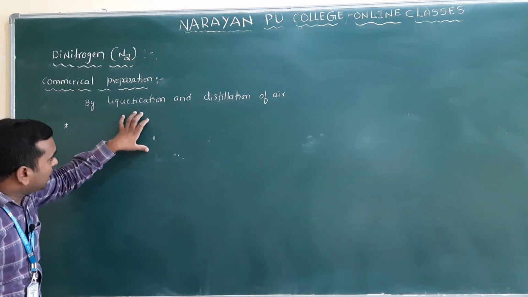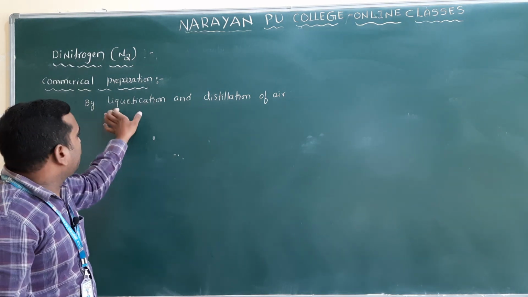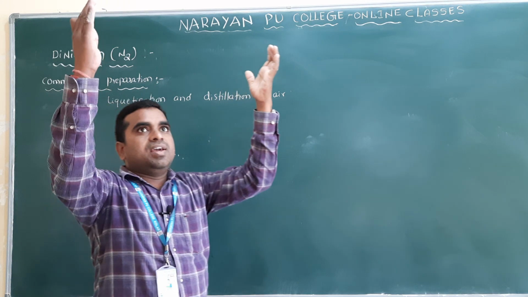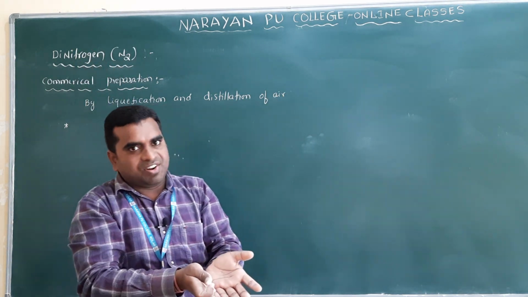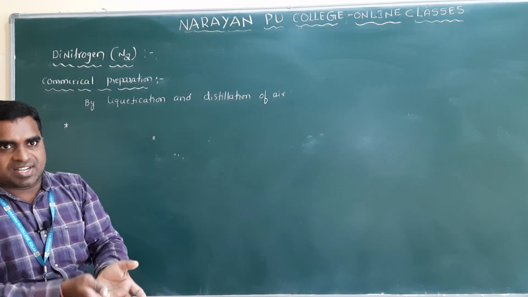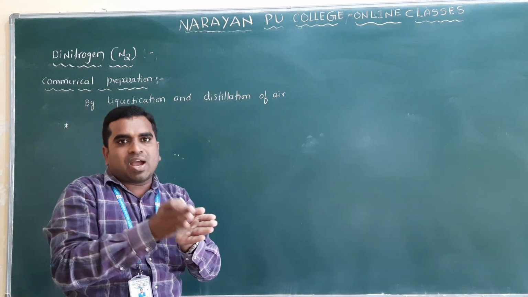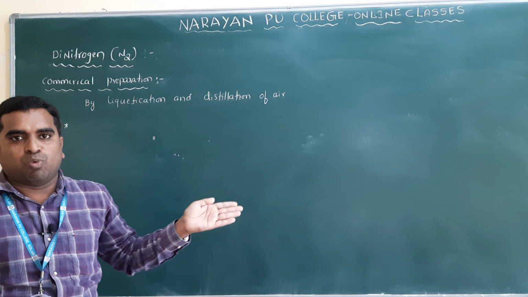Liquefy means the air, which is in the gaseous phase, we have to convert into the liquid phase. Then liquefaction, then distillation. Distillation means we have oxygen and nitrogen, and we have to separate both. Clear?